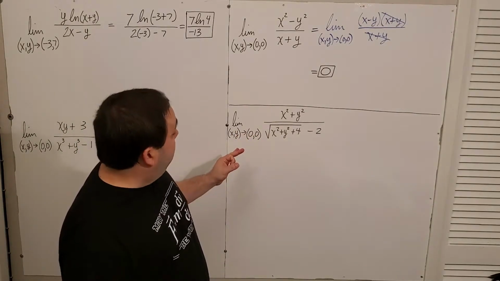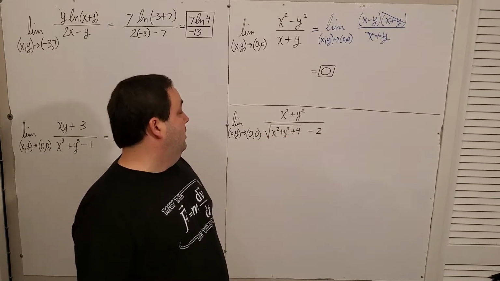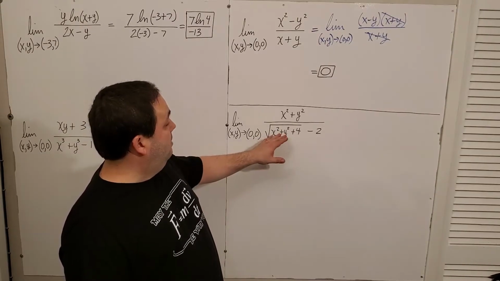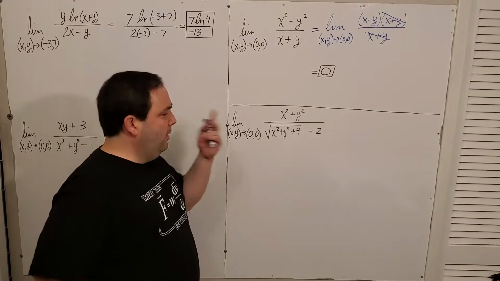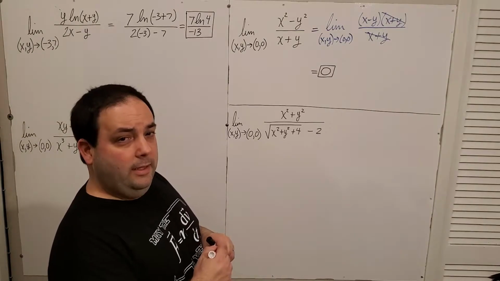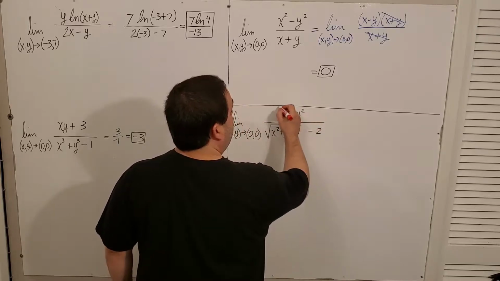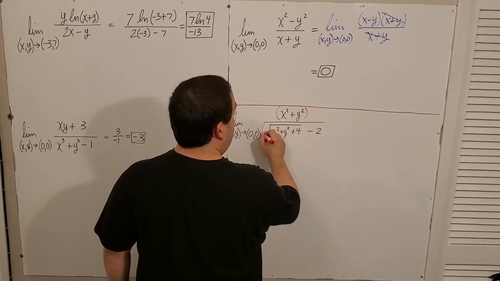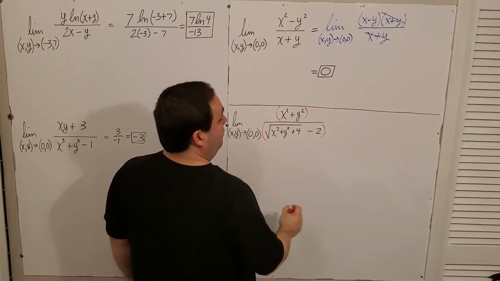So, right here, what I'm going to do is look at this and say, is there a way that I can handle making this simpler? Maybe doing something with this radical. And then you should be like, hey, wait a minute. We always get rid of radicals with conjugates, right? Yeah, let's use a conjugate. So I'm going to multiply the numerator and the denominator here by the conjugate of this denominator.